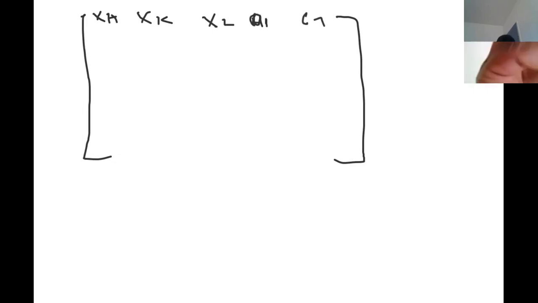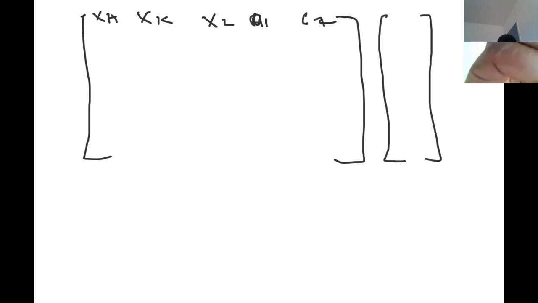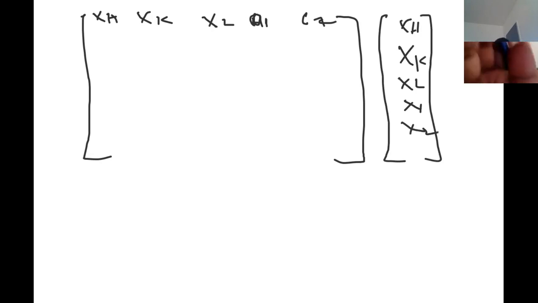Then I'll come here and write my XH, XK, XL, lambda 1, lambda 2. So what I will do now, I know that in this case it's going to be 2 variance of H. Here too is XH.